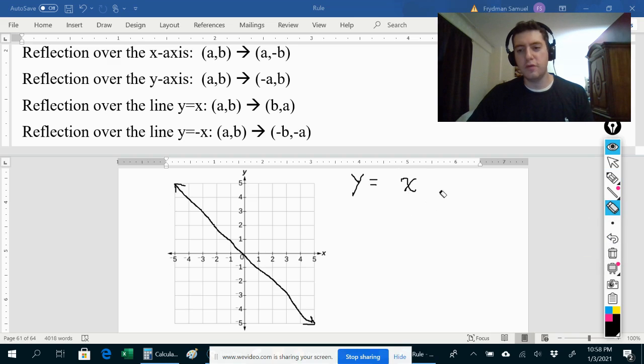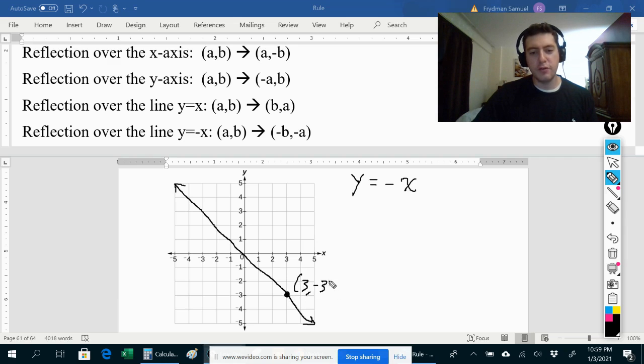Or you could just say to yourself, well, y equals -x, that just means that the y-coordinate of any point on this line is the opposite of whatever the x-coordinate is. So, for example, over here, we have the point (3, -3), and you can see that the y-coordinate is the opposite of the x-coordinate. The x-coordinate is 3, the y-coordinate is -3. Over here, let's just pick this point.